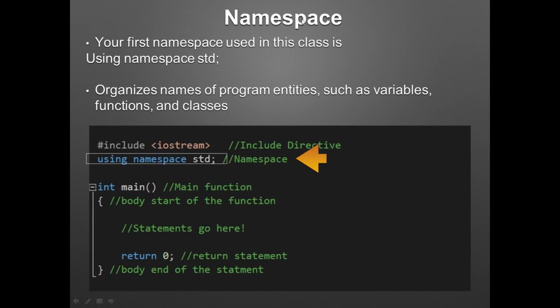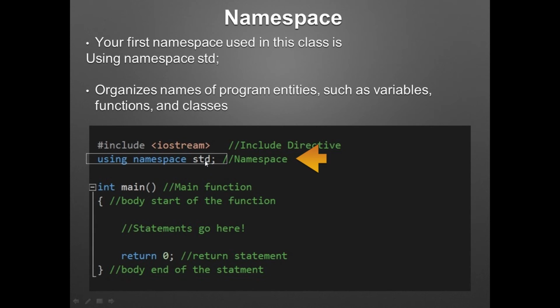So what this namespace is going to do is it's going to define and organize things for us so that we don't actually have to redefine each piece of functionality that we're going to be using from this library here.